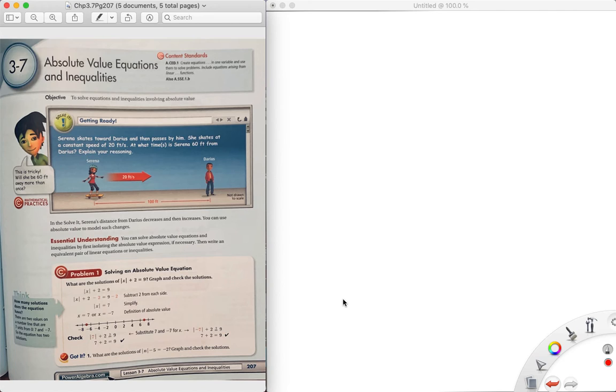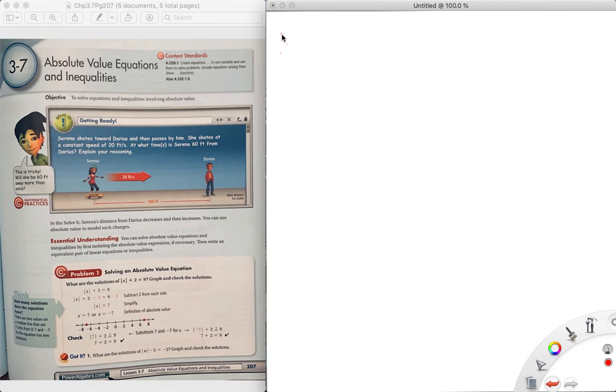So, recall that when we have an absolute value of something, let's say absolute value of 2, or absolute value of x equals 2.